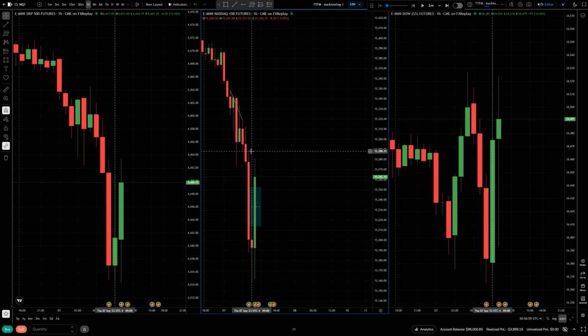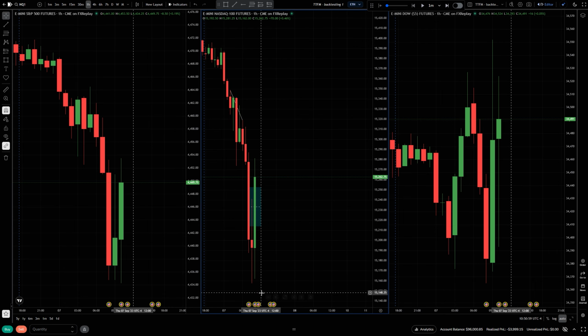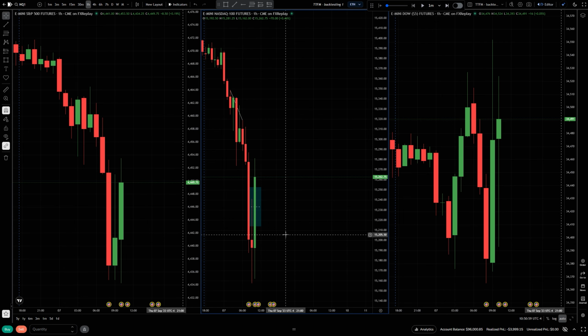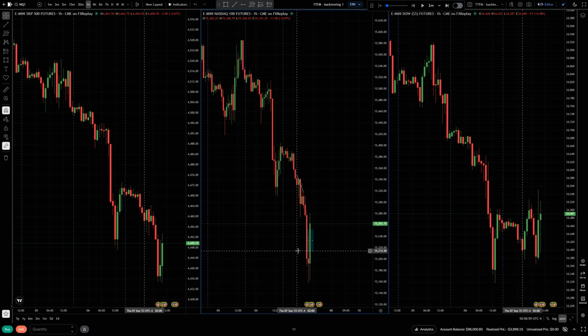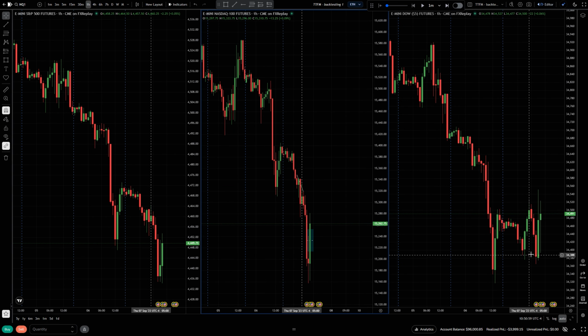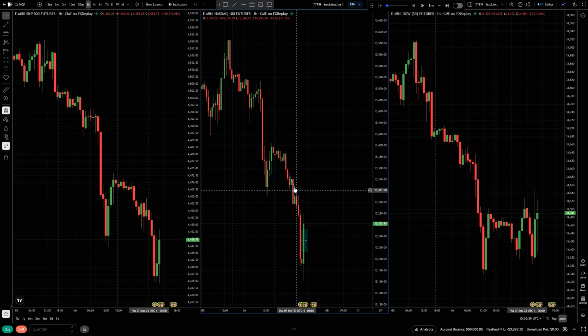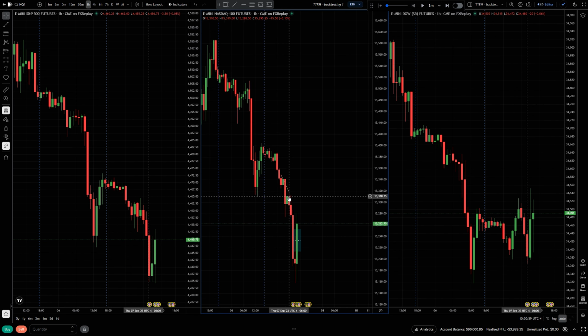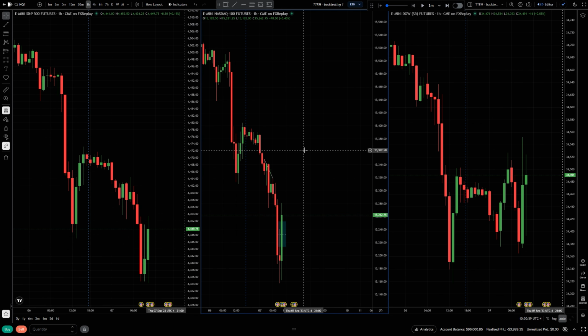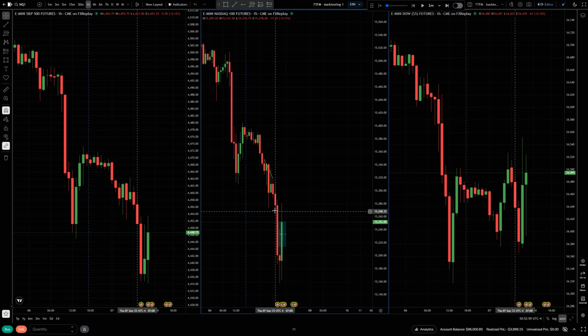What do we have on a 1 hour? We have a PSP here and SMT like this. YM has just been ranging for the whole day, like a seek and destroy pattern, and NQ and ES have been dropping. We are inside this 1 hour gap.